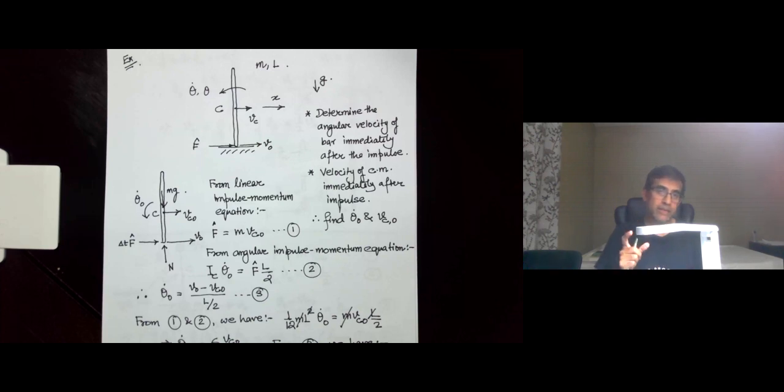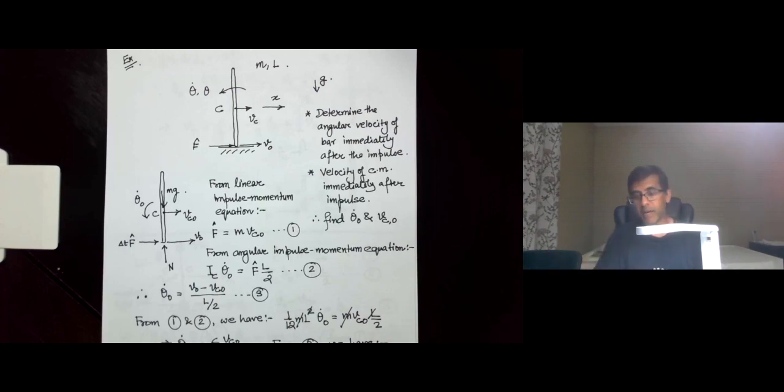Okay, and the reason one of these two is typically chosen is because in these 2 cases the angular impulse momentum equation becomes simple, in the sense that in both these cases the change in angular momentum is equal to the angular impulse about that point of interest.